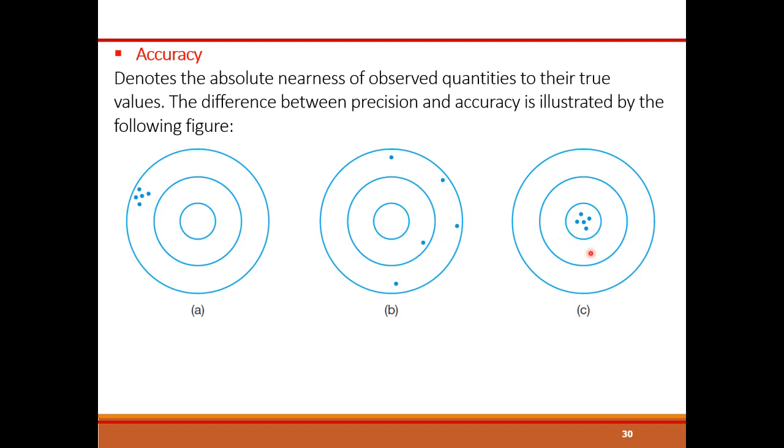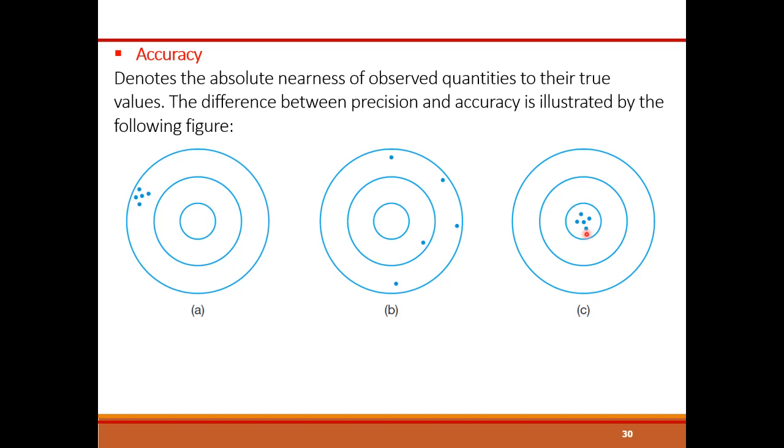Now in the third figure, all the five readings are very close to each other as well as they are located in the smallest circle. Smallest circle means they are the true values, correct values or true values. And nearness of all the sets of observations is indicating these are the precise values.